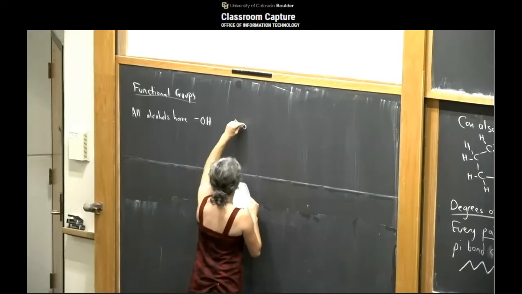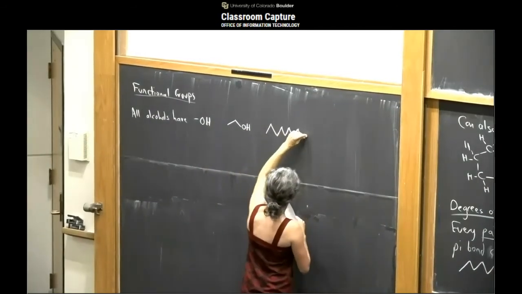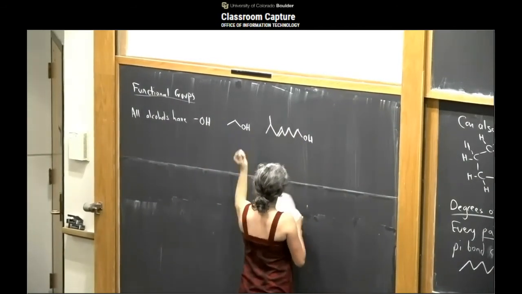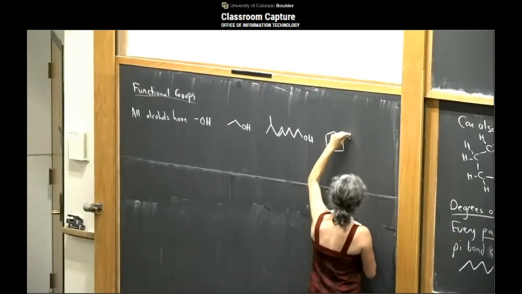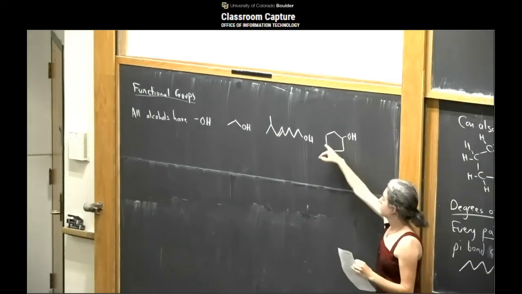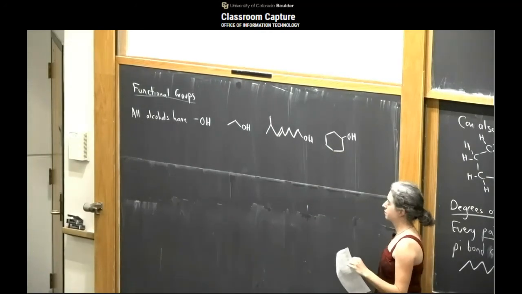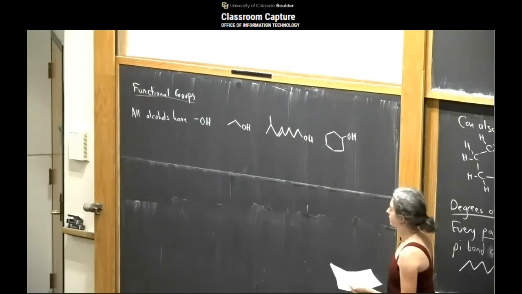So for example, this is an alcohol, so is this, so is this. And so really, all of these have their OH groups that are going to behave in a pretty similar way. So we have a chapter that's devoted just to reactions of alcohols.